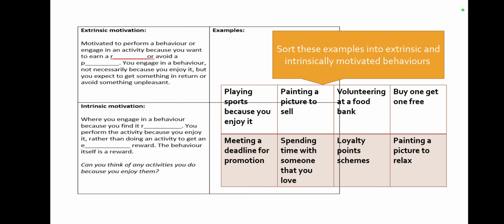For example, doing your homework. Okay. Intrinsic motivation, where you engage in a behaviour because you find it rewarding rather than doing it for the sake of the consequence. You perform the activity because you enjoy it rather than doing the activity to get an external reward. The behaviour itself is a reward.